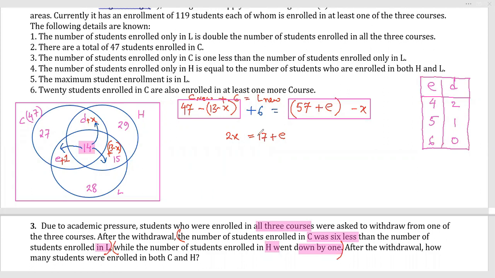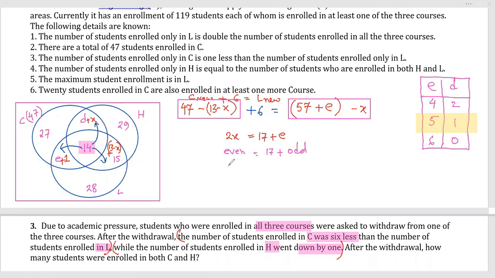Now please see what E value will make this solvable. The left hand side is even, as it is twice X. So the right hand side, 17 plus E, needs to be even, so E must be odd. Only one value is possible, so the 5, 1 set only satisfies the given condition. It is a very important part of it.